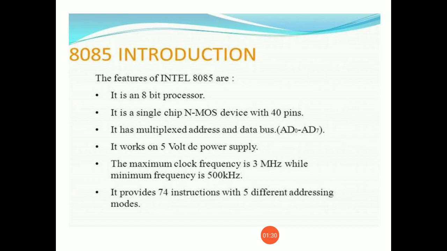Its clock speed is about 3 MHz and clock cycle is 320 nanoseconds. It has 16 address lines, hence it can access 2 to the power 16, or you can say 64 kilobytes of memory.